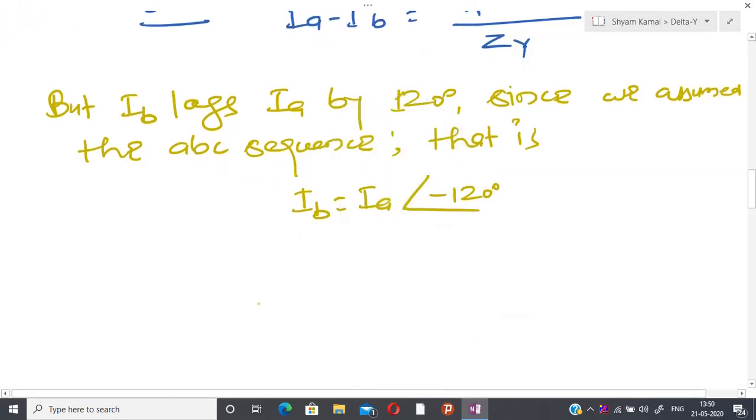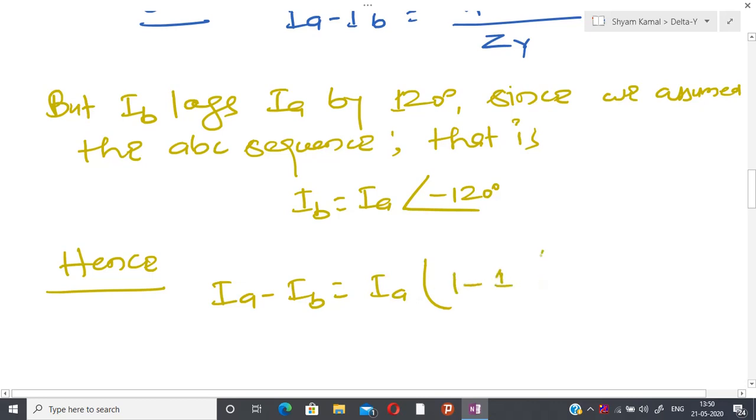So once I know this relation, then from above I can write like this: IA minus IB is now IA into 1 minus 1 into minus 120 degree.